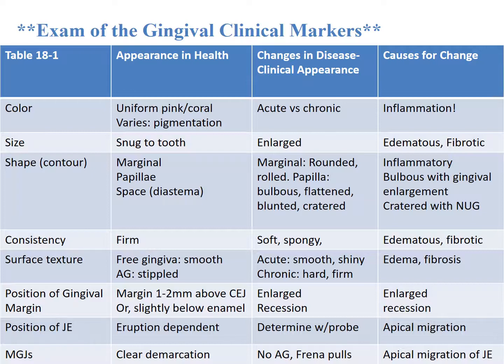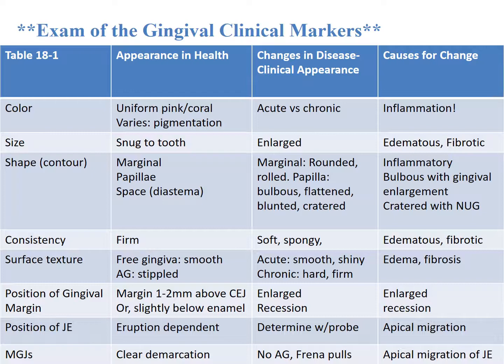The shape, margins might be rounded rather than pointed or rolled. The papilla could be bulbous, flattened, blunted, or cratered. Inflammatory bulbous with gingival enlargement, cratered is going to be with necrotizing ulcerative gingivitis.